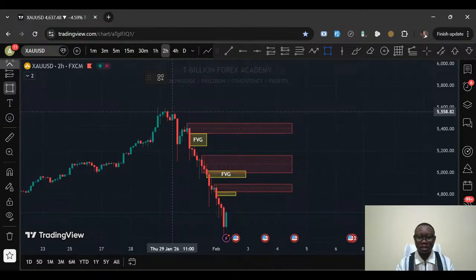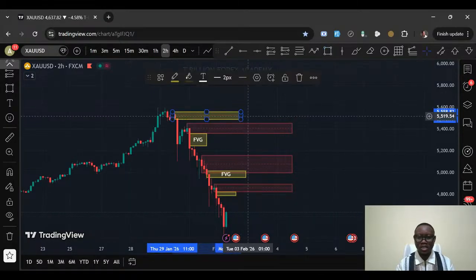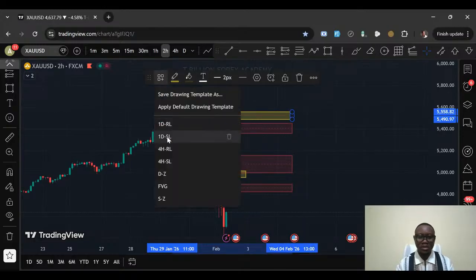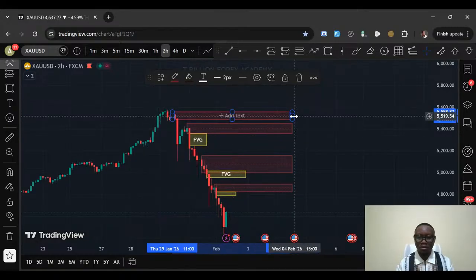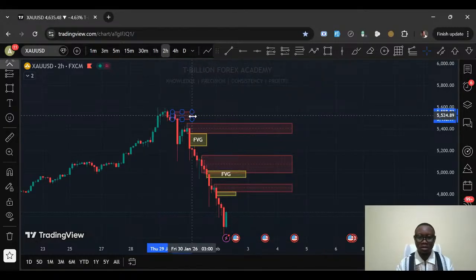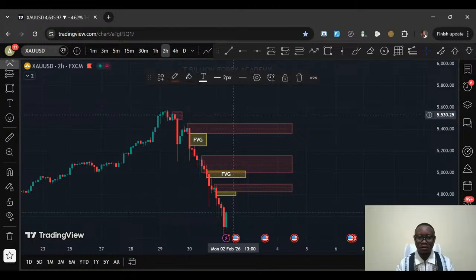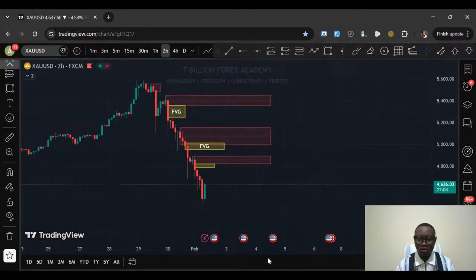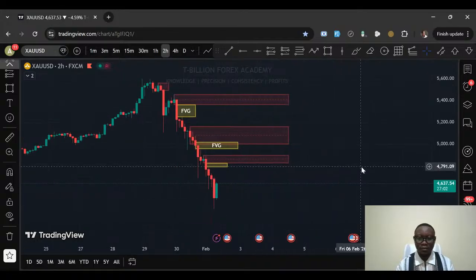But again, our focus here is on the most recent structure. So I will just mark this out, but I'm going to minimize it. This is our supply order block zone. I'm going to minimize it for reference. We are only interested in the most recent structure.